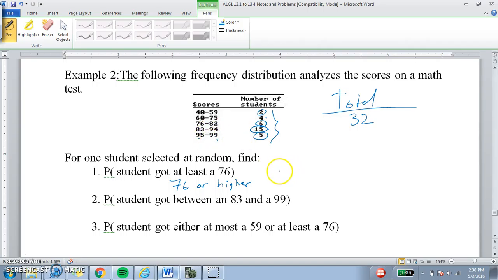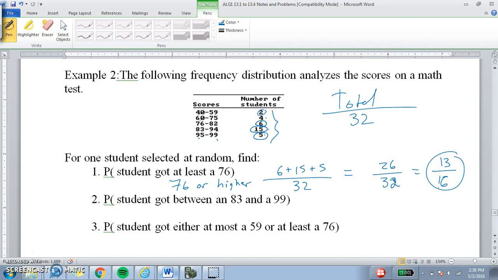So if we add all of those up, all of those kids out of the 32 total kids scored 76 or higher. So if we add 6 plus 5 plus 15, we get 26 out of 32, which then reduces to 13 out of 16. So the probability that the student got at least 76 is 13 out of 16, which is a pretty high probability.